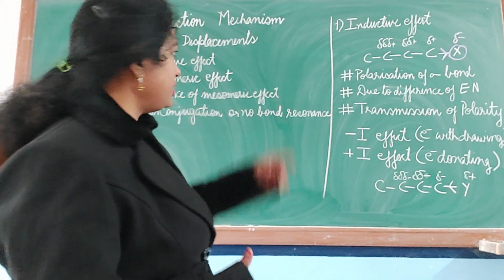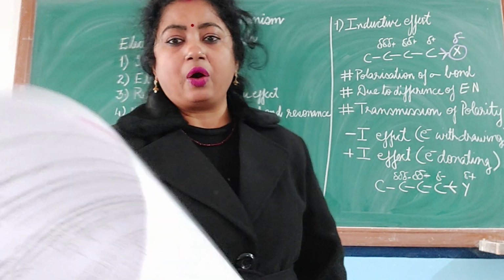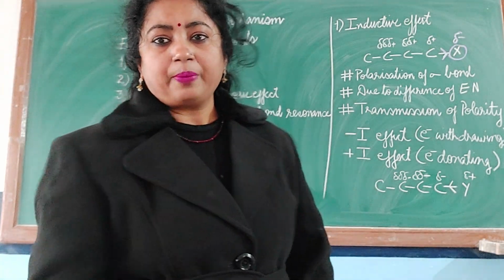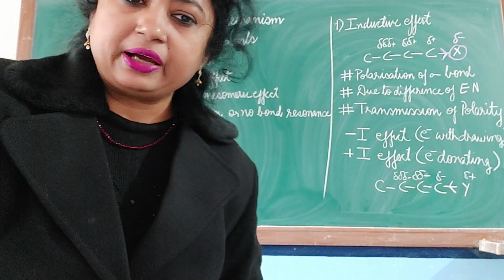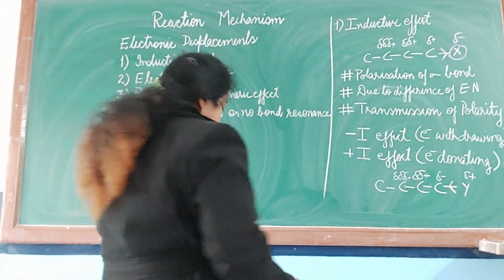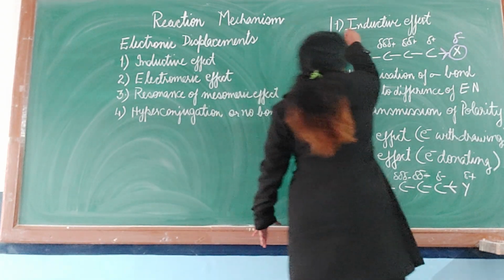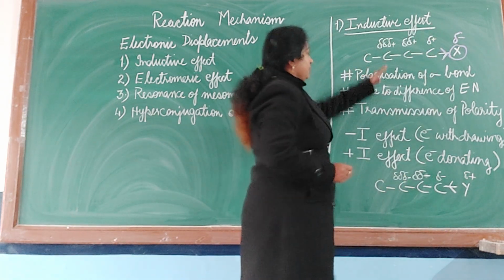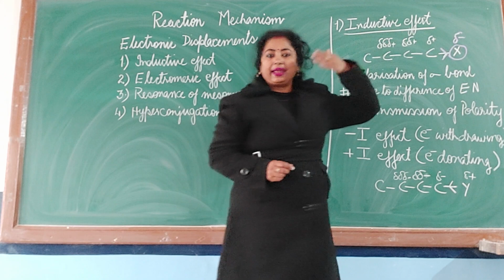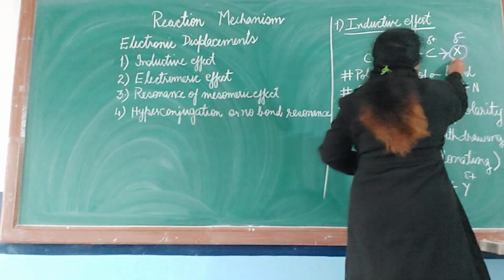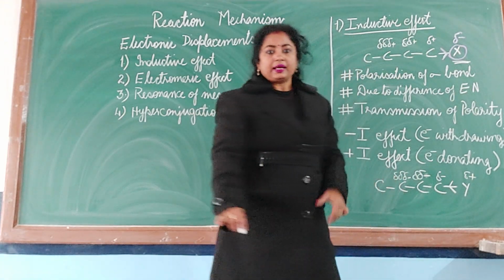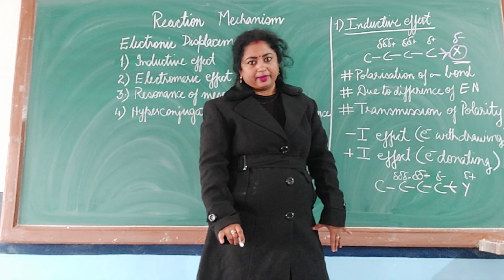Just see the board, I have drawn one compound, which contains many carbons. Any number of carbons you can take, and what matters here is the other atom which is attached to carbon.